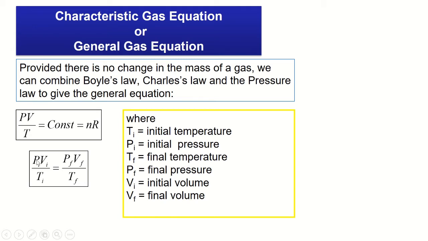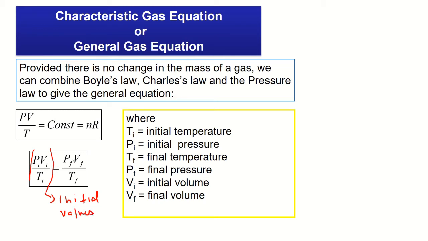So this is PV over T, pressure multiplied by volume divided by temperature. So this data is the initial data of the gas. All these are the initial values. This i stands for initial.